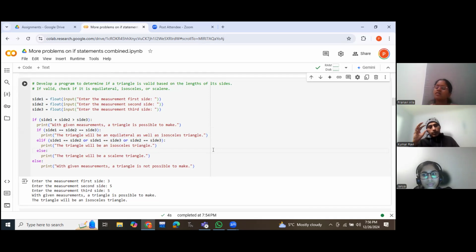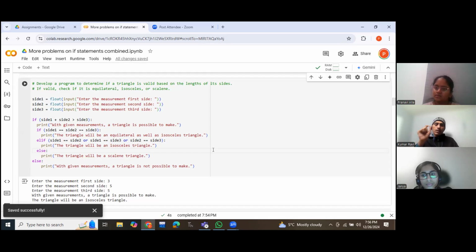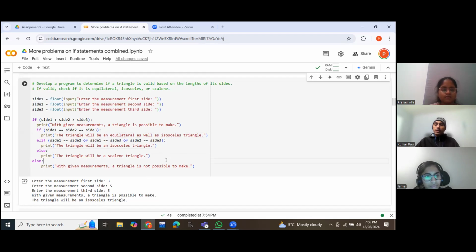In this scenario one word is enough, but in some cases this if may be executing and another if may also be correct. In that case, else if may not be the right thing. Suppose I modify this question slightly: you also need to print, when it is isosceles, which two sides are equal.